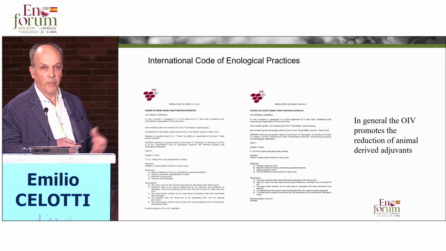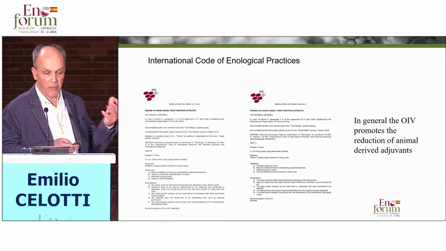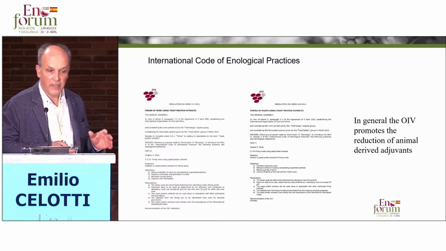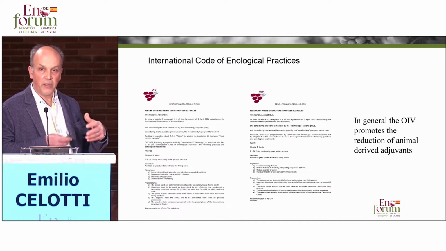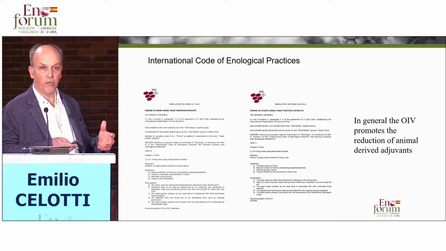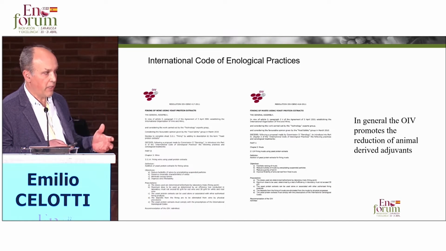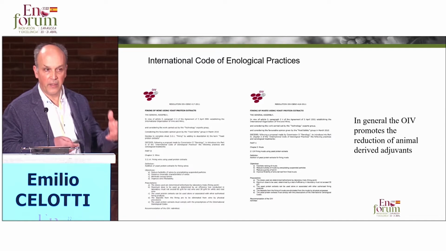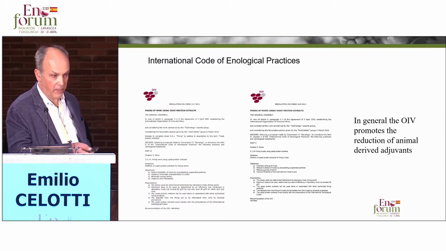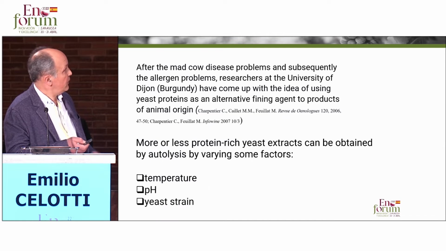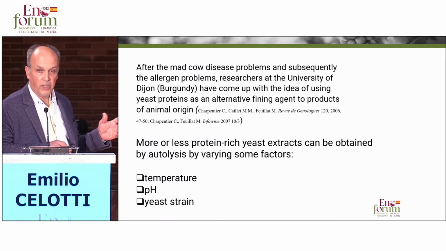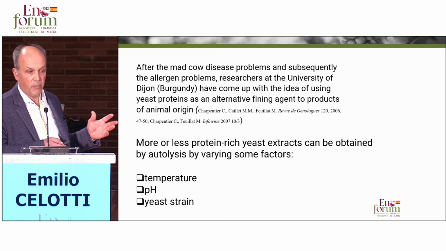First of all, what is the law of the OIV to approve a wine? The aim of the organization is to reduce at its maximum the animal origin products. This is an initial point that led to the admission of these techniques.